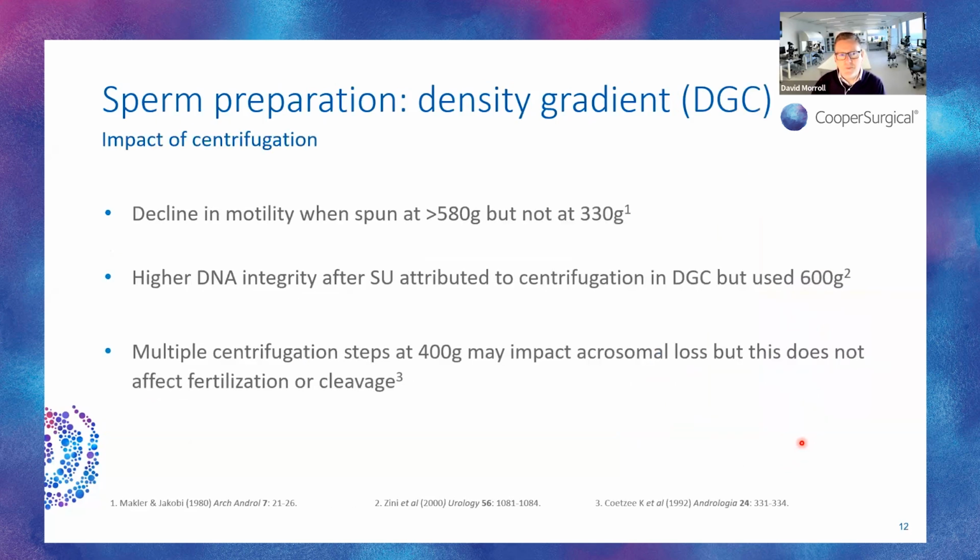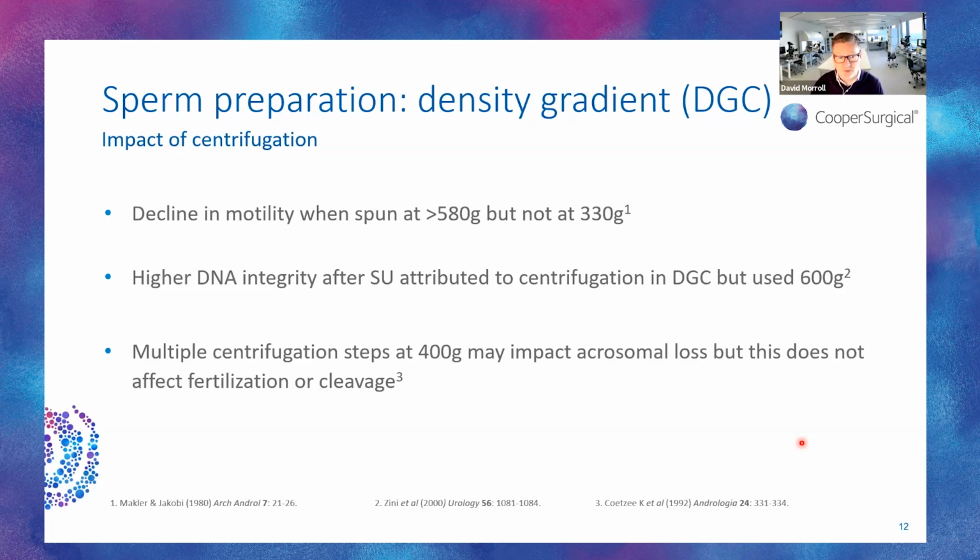Now, the thing often leveled at density gradients is that centrifugation is a problem. And I would suggest you trawl the literature, as I have done. What it will tell you is that actually the data on centrifugation shows that you can see a decline in sperm motility when you spin at high speed.